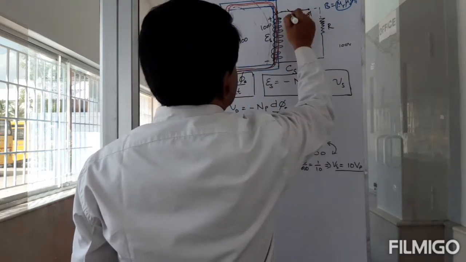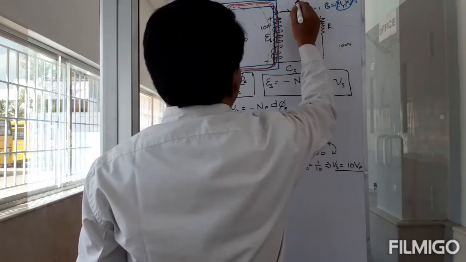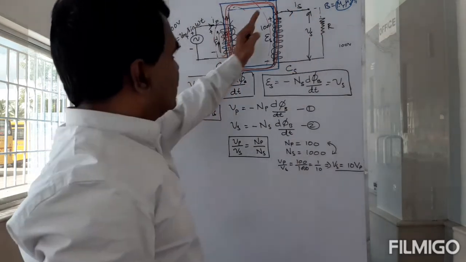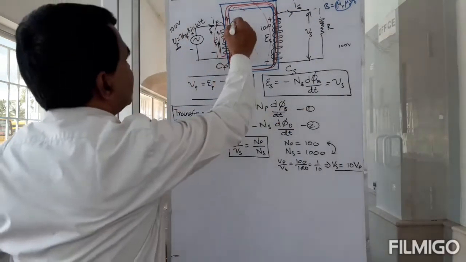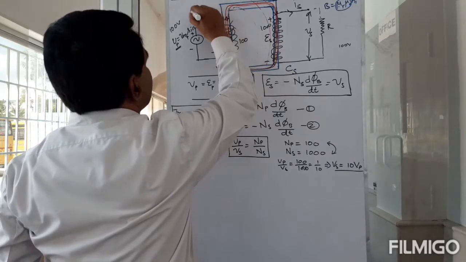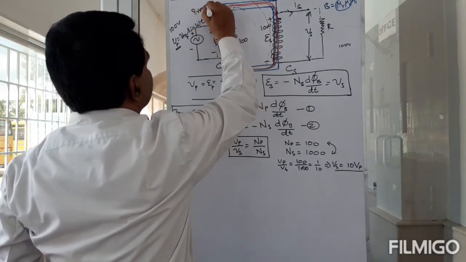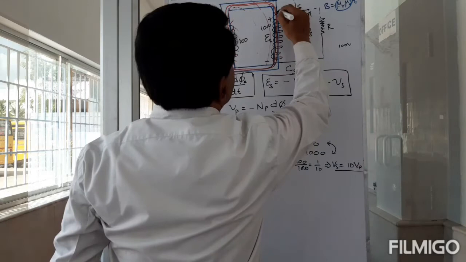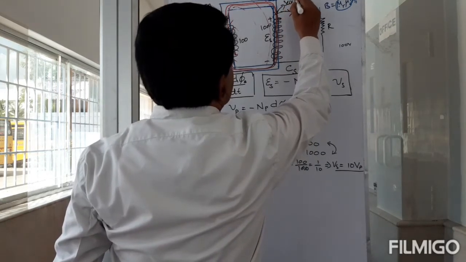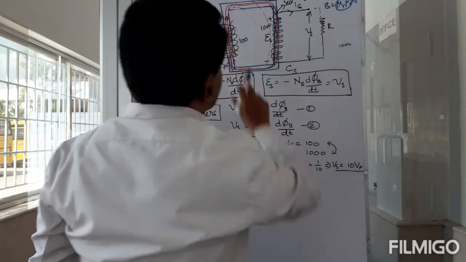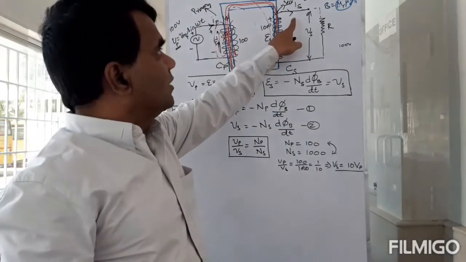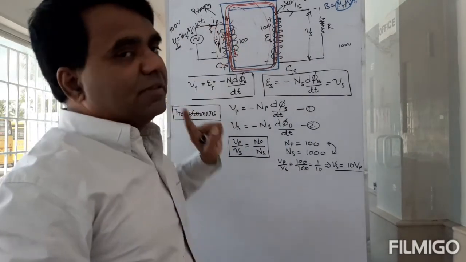Now there is a current which is going to flow through this, so this is Is. This is the primary coil, as I told you, and this is the secondary. So the current through this is Is, and the current through this is Ip.